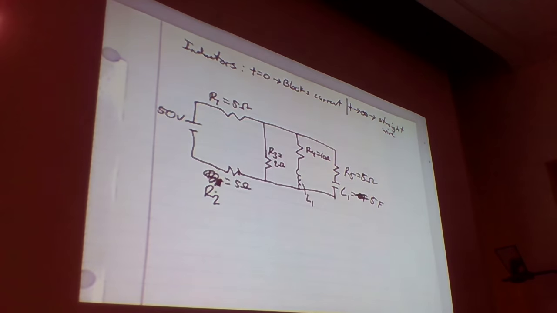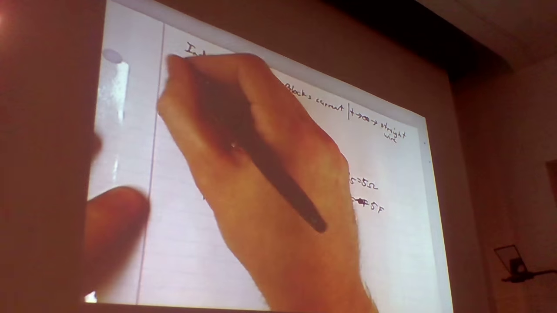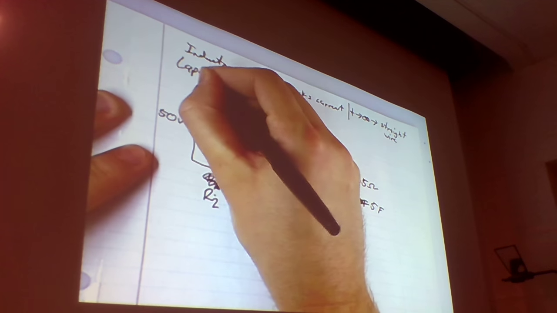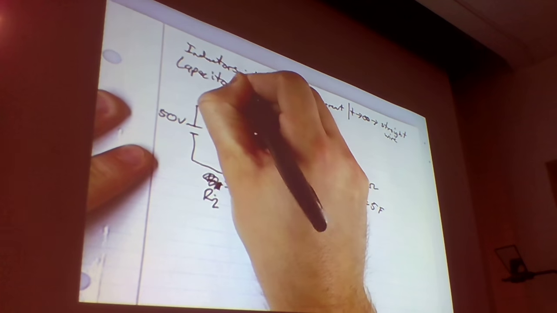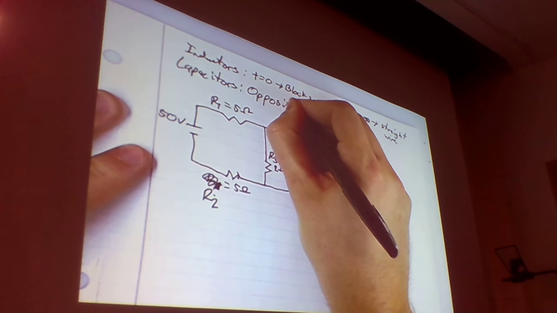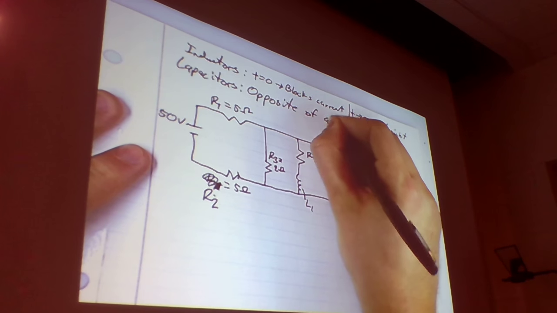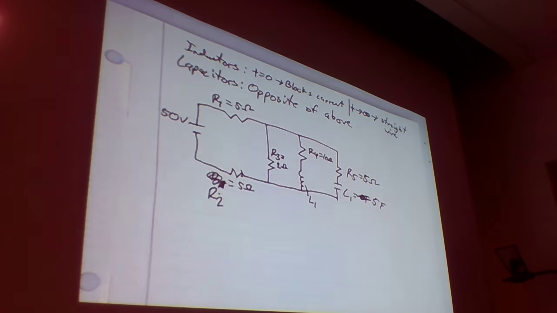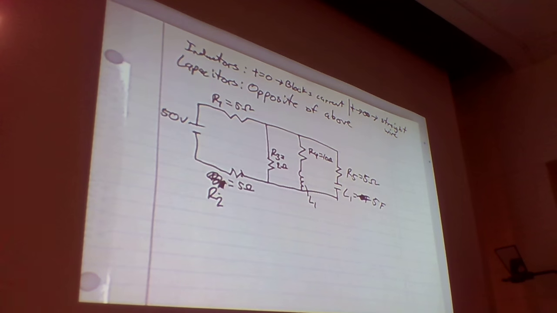Okay, so capacitors are the opposite of above. There we go. Those are our rules. So inductors block the current at t equals 0. Capacitors block the current at t goes to infinity. That's all you have to know right now.